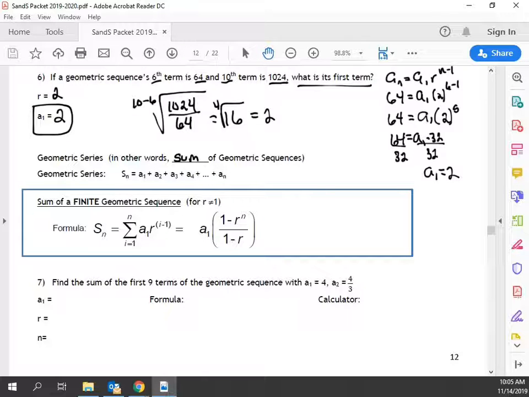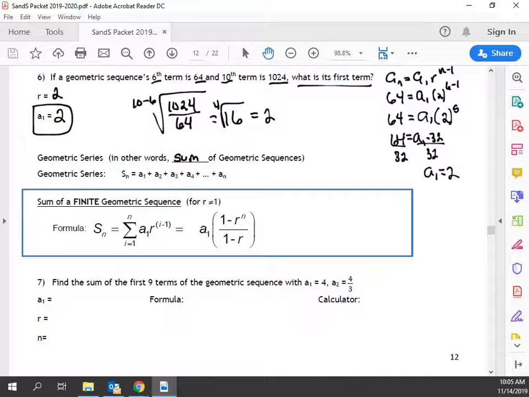If I took the number 3 and added 2 to infinity, what would the sum of all those be? Do you know? What does infinity mean?